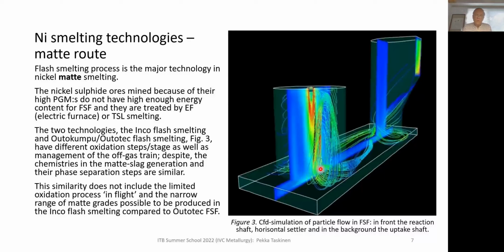So everything is in good balance, and as I said yesterday for copper flash melting, the key operation parameter in flash melting is the heat balance. If that is not okay, the furnace is not operating properly, and after that we can adjust the oxidation degree of the matte and other things in a wide range of operational points.